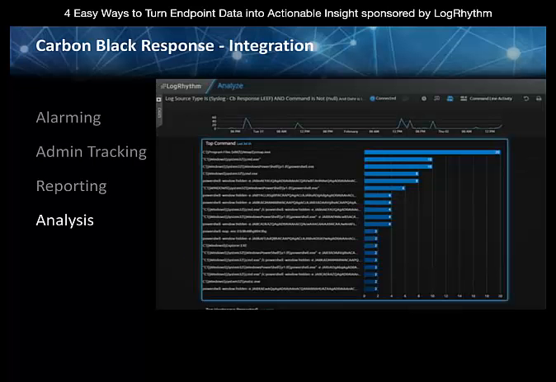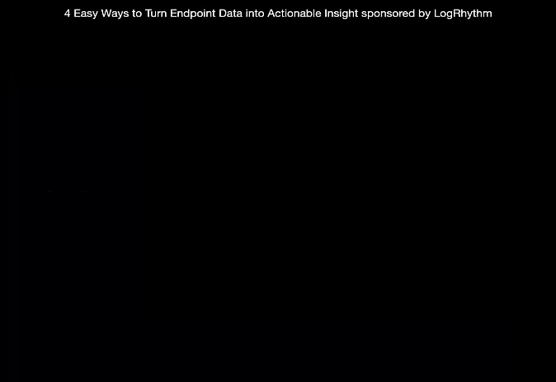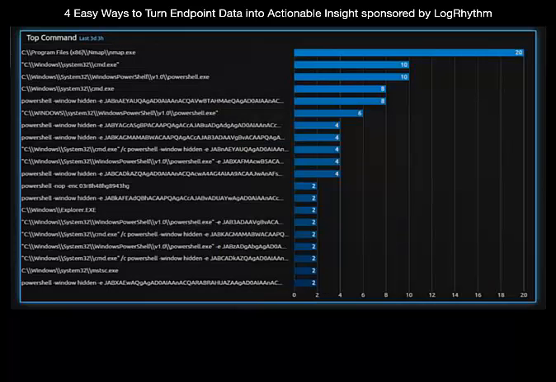And next is in-depth analysis. One of my favorite parts of the Carbon Black integration. It's kind of hard to see here, so I'll zoom in real quick. But right here, we're pulling all of the command line activity from our entire environment. So the great thing here is even if someone drops a binary and subverts standard detections, you can still pick up on this activity by pulling all the command line activity that's associated with every binary being executed on your network.